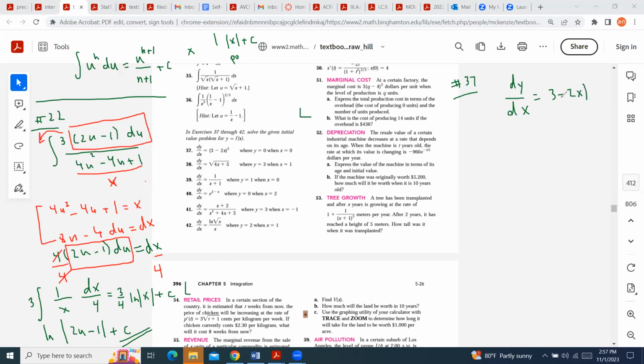So what I need is to separate my variable letters, so multiply by dx both sides, because x should be with x and y should be with y. So we get only dy, but dx will go to the right side. So I'm changing its sign. So we get a dy on one side, and then it's equal to whatever we have, 3 minus 2x to the second power and dx.